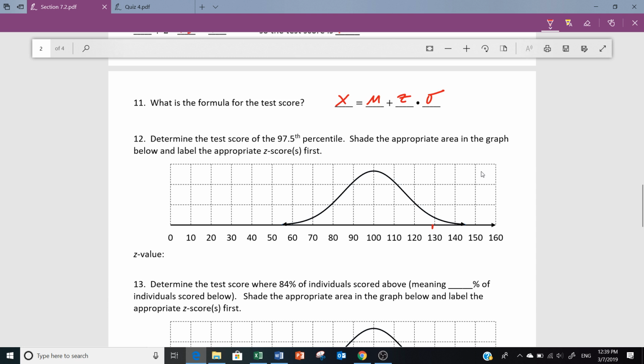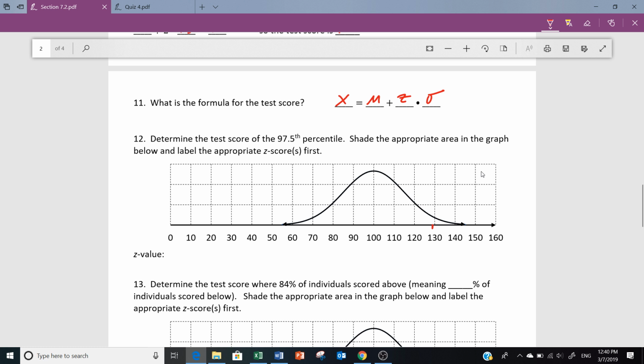So what do we mean by the 97.5th percentile? How much better did we do than everyone else? We did better than 97.5 percent and we did worse than the rest. Okay, so that means 2.5. Good. So 2.5% to the right and 97.5% to the left.